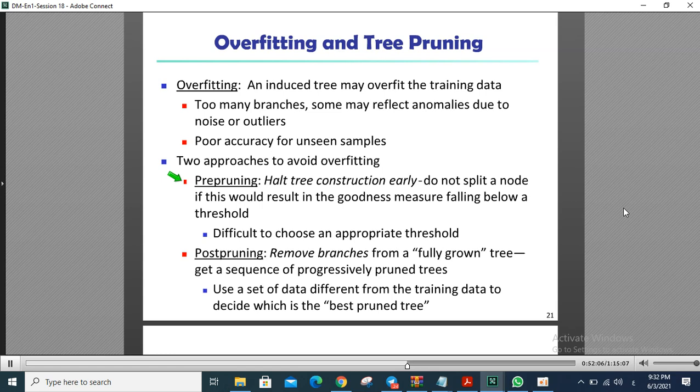If the result is lower than a threshold, I never continue the splitting process. If it's higher than a threshold, yes, I should continue the splitting process.